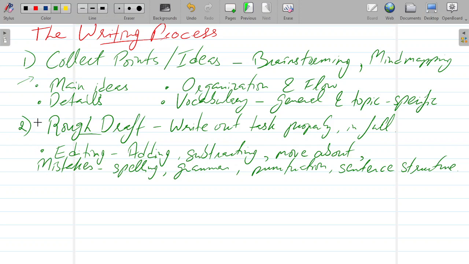Once you're done with all of this, normally if you look it up online, it could be a 5-step process or a 6-step process, depending on how much they break it down into sub steps. Once you're done with all the editing, you've figured out what you want to change, what you want to move about in the organization, the vocabulary, and the corrections that you need to make, then you rewrite it, and that is what will be your final draft.